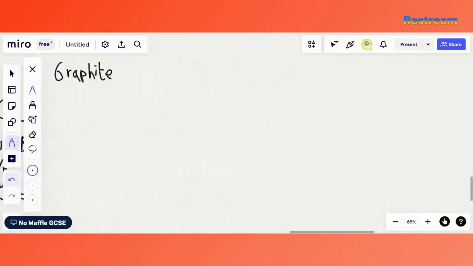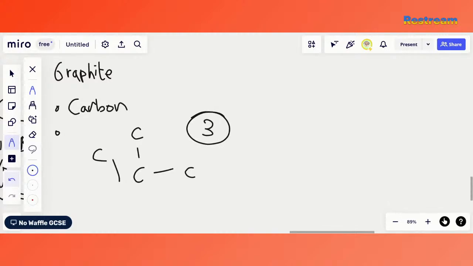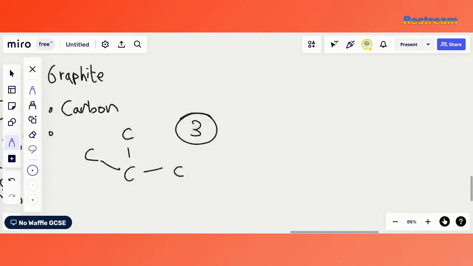And finally, graphite. Now, graphite is, like diamond, also formed by carbon. However, there's a difference. Each carbon atom only forms 3 covalent bonds.